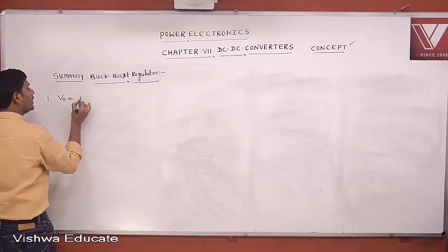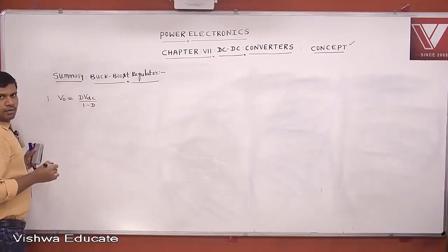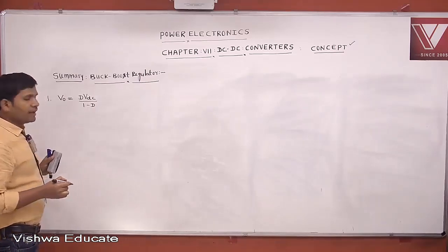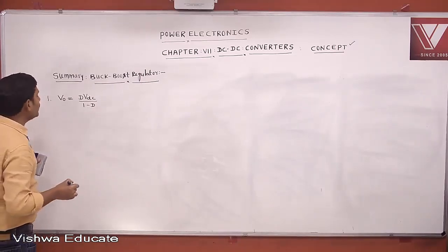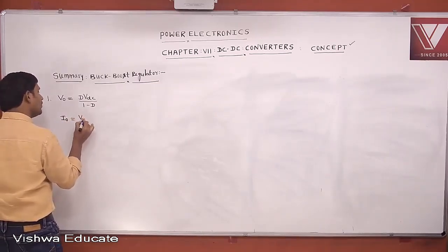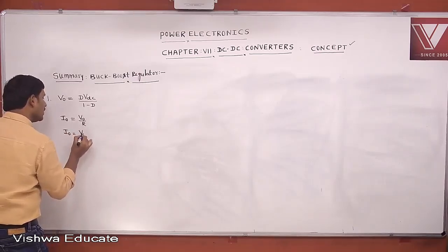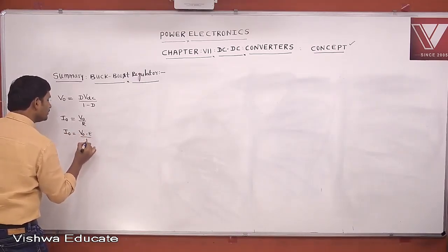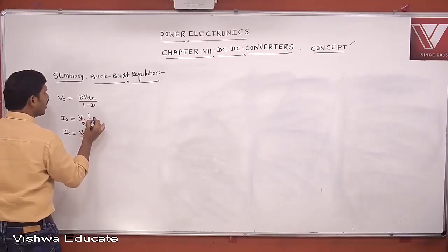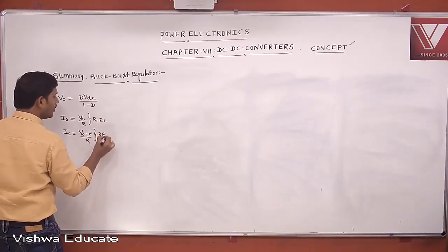Average output voltage equal to D VDC by 1 minus D, without considering any internal resistance, and it is in continuous mode. Then what is average load current? I naught equal to V naught by R, or I naught equal to V naught minus E by R. This is for R, RL loads, and this is for RE, RLE loads.